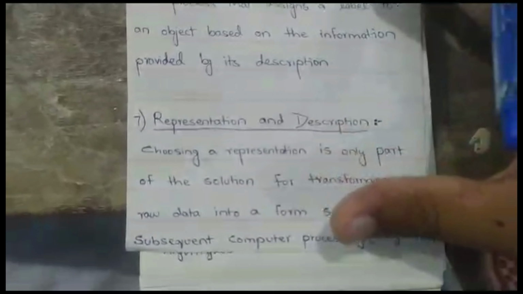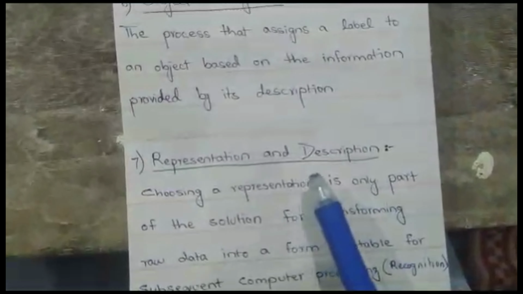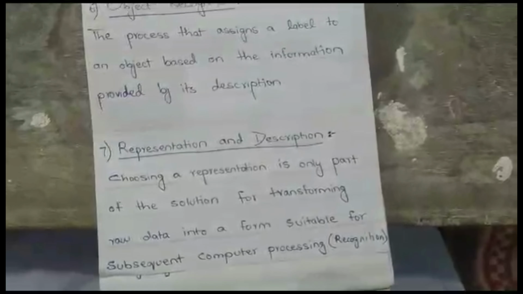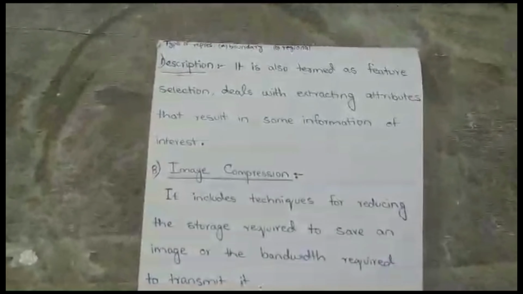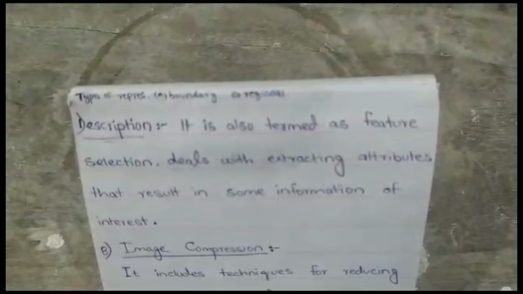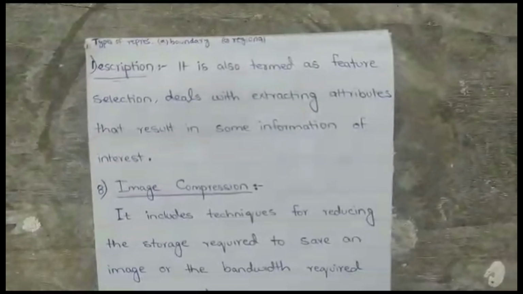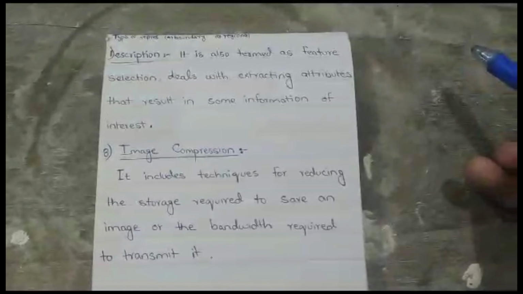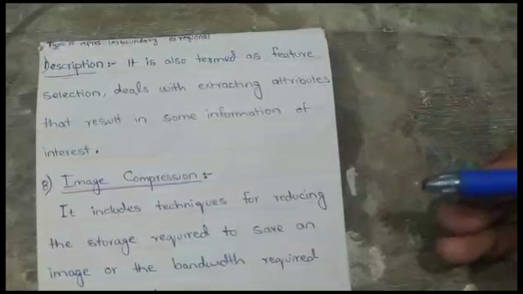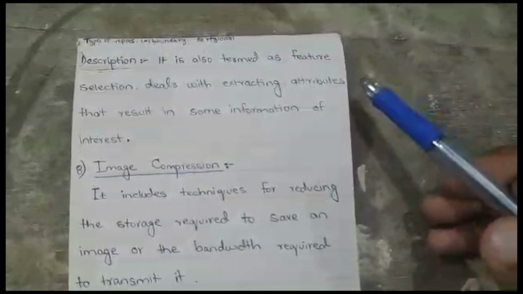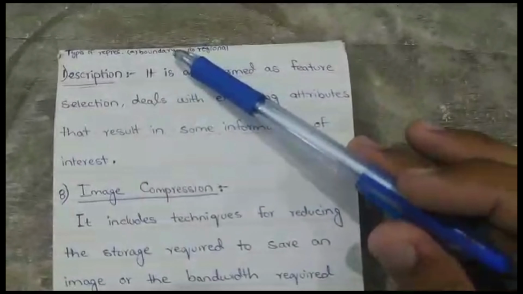There are two types of representation: boundary representation and regional representation. If your application is based on the boundaries of the image, you will go towards boundary representation.